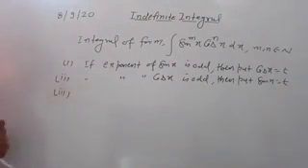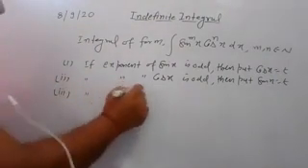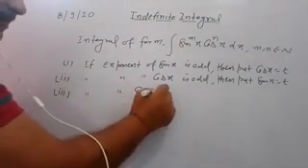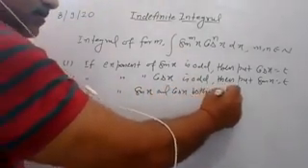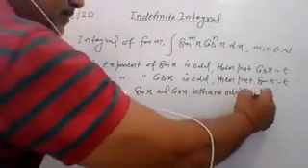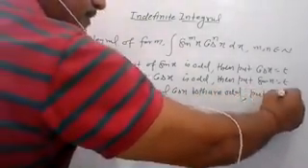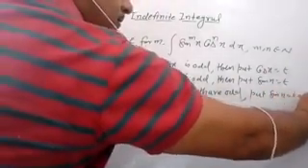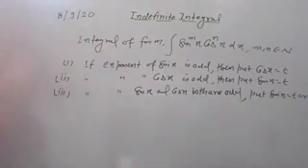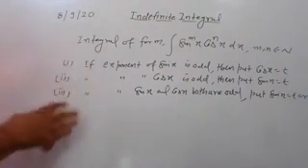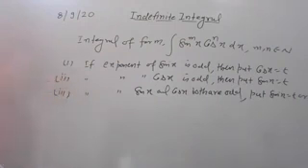And in the third case, if the exponents of sin x and cos x both are odd, in that case you put sin x is equal to t or cos x is equal to t. It's your choice. You have to solve it by any way, by putting cos x is equal to t or sin x is equal to t. So note it here, three cases. Now you solve the questions based on it.